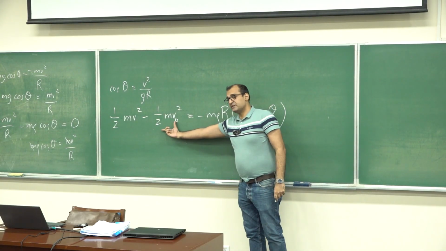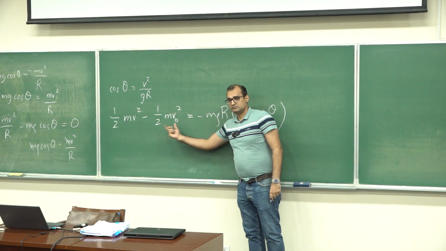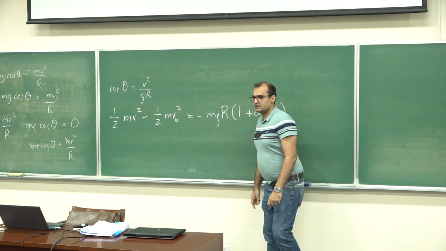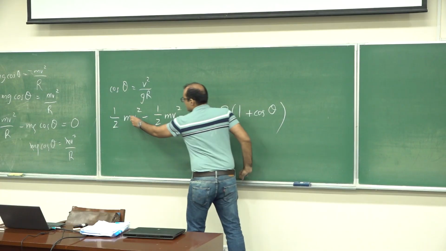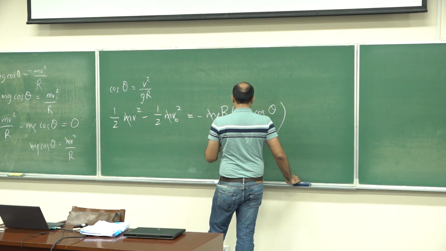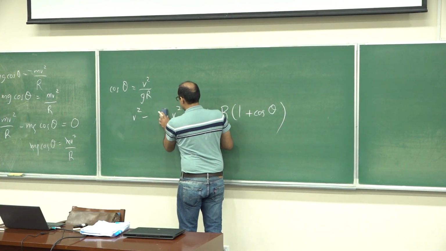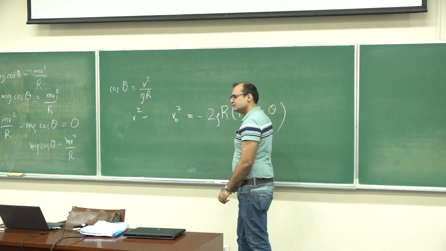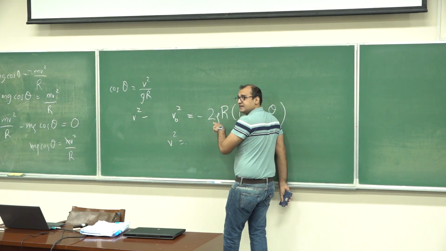On the left hand side, you have a negative number. V, remember, is smaller compared to V0. On the right hand side, you also have a negative number. Again, keep on doing these straightforward checks along the way. m throughout I cancel, of course, as usual. I multiply by half, so this goes, this goes, and a 2 comes here. Now V squared is equal to V0 squared, but V0 squared is 4gr.